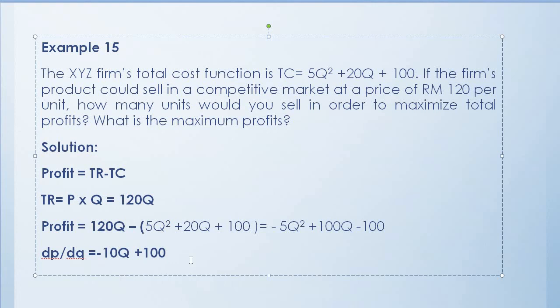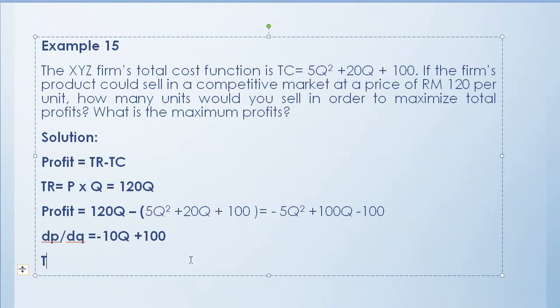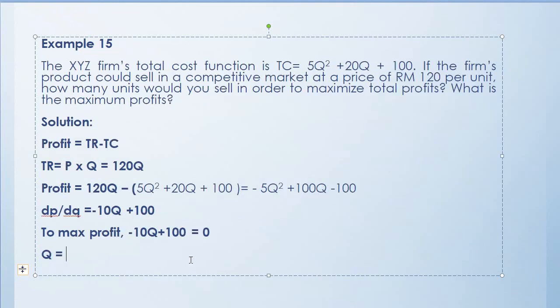Then we will know that to maximize the profit, we will have negative 10q plus 100 equal to 0, then q equals 10.